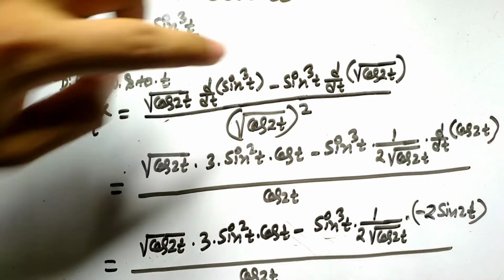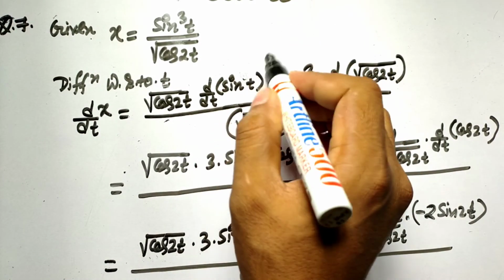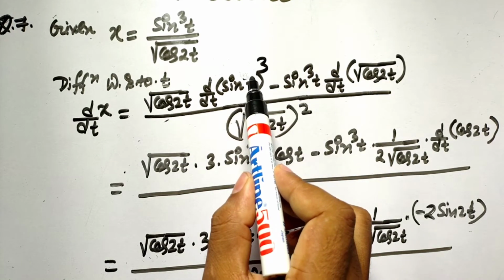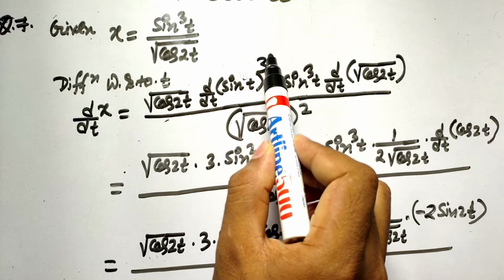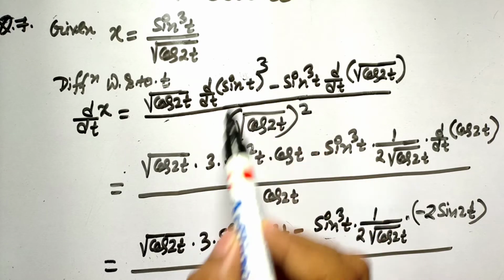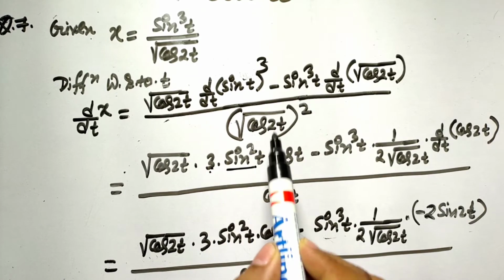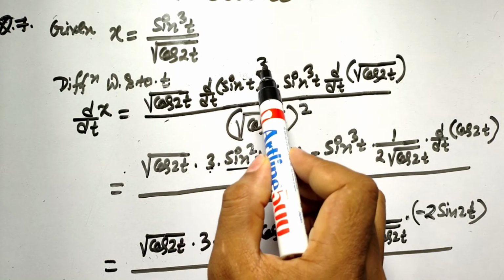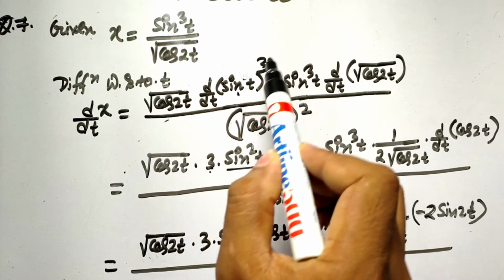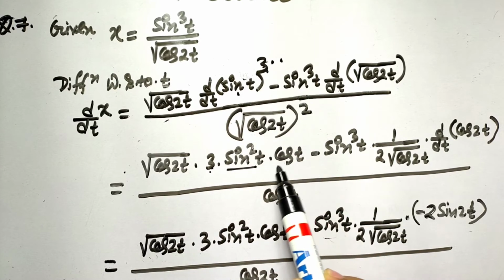Okay student, here the power is 3, so you can write sin cube t as sin t whole cube. Consider this is u and this is n. So the derivative of u to the power n is n into u to the power n minus 1. So 3 into, here n is 3, sin t whole to the power 3 minus 1 into the derivative of u, that is the derivative of sin t, which is cos t.